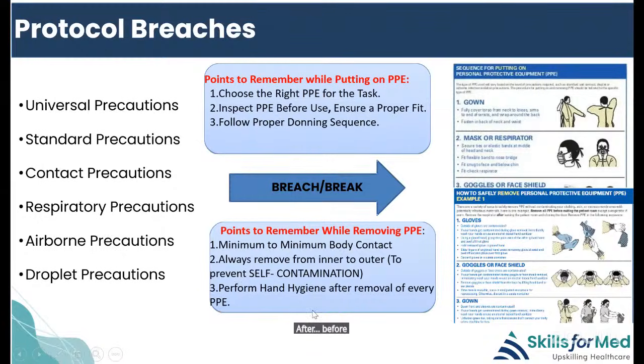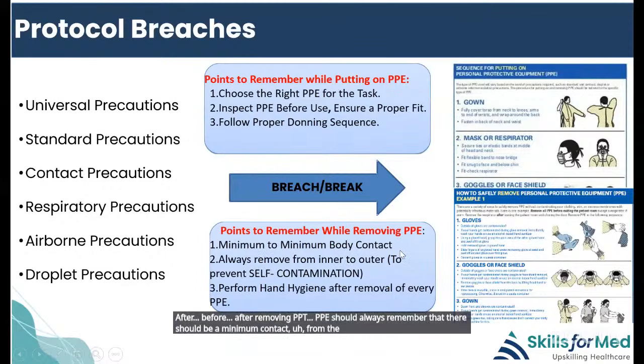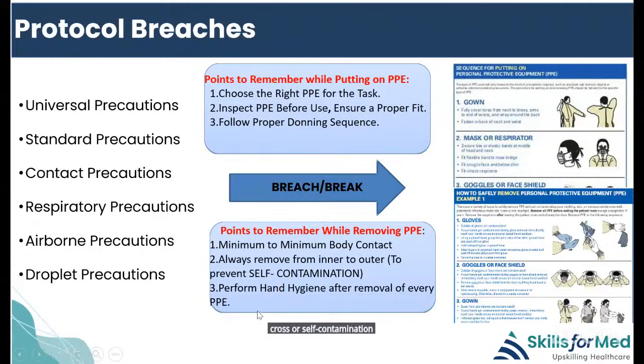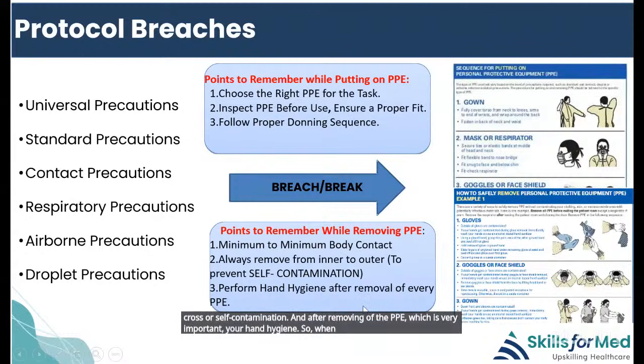After removing PPE, remember there should be minimum contact with the body. Always remove the PPE from inner to outer to avoid cross or self contamination. And after removing the PPE, which is very important, do your hand hygiene. Whenever you remove the PPE, you should always go for a hand rub or hand wash.